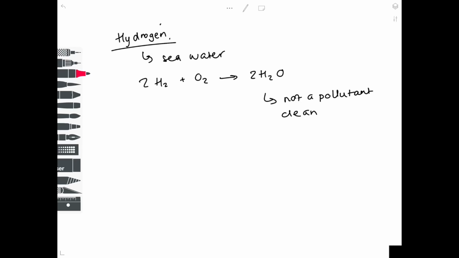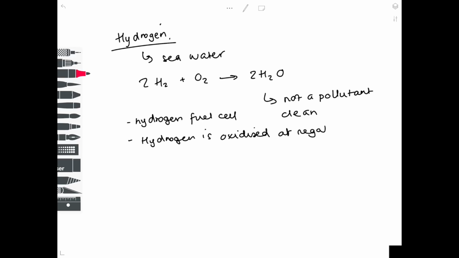This process is going to be carried out using a hydrogen fuel cell. And what you find is that hydrogen is oxidized at the negative pole, which means that it loses electrons.